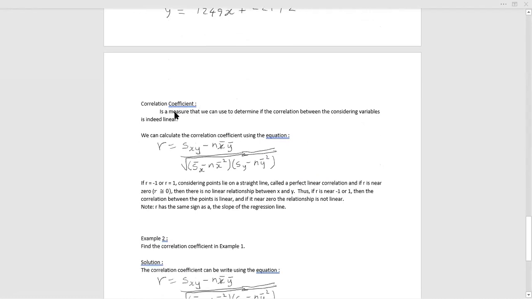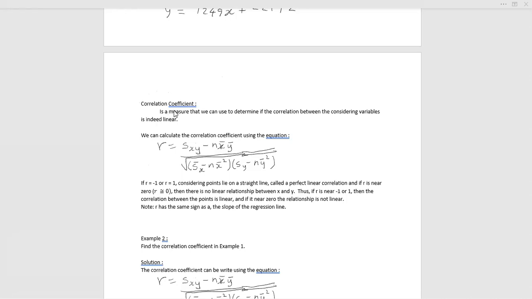We calculate that using the same parameters we calculated already. If this correlation coefficient R is -1 or 1, that means all points are on one straight line.